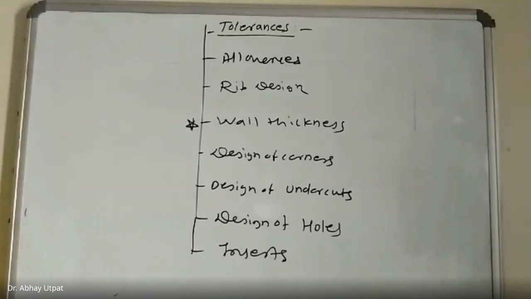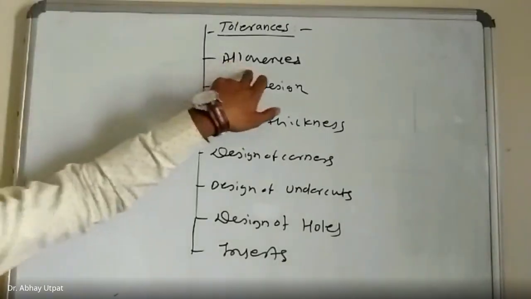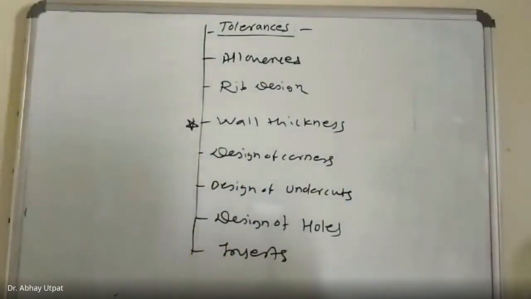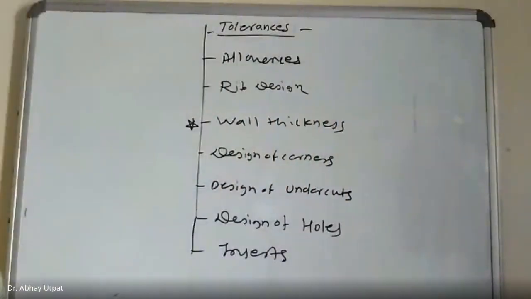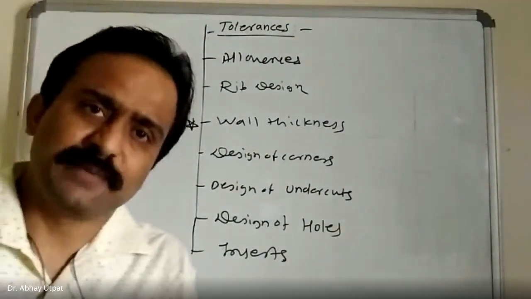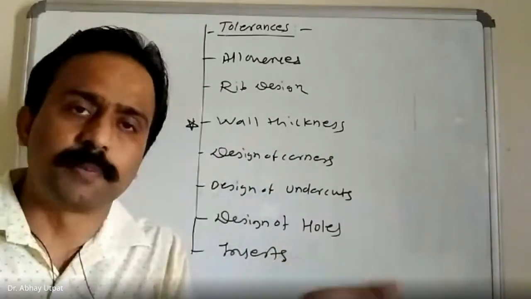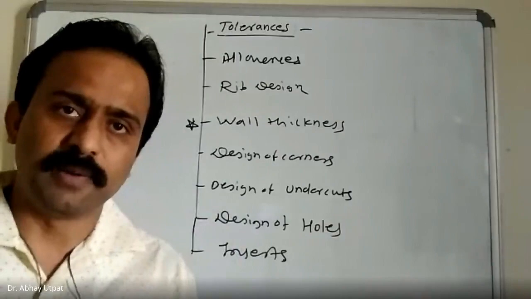You must know how the tolerances are to be considered. You must know what the different allowances are which are considered in part design. You already know this concept of allowances; you have studied it in manufacturing process in second year. Plastic molding is one type of molding: molten plastic is sent in, and then you open the mold and take out the part after the ejector pin.